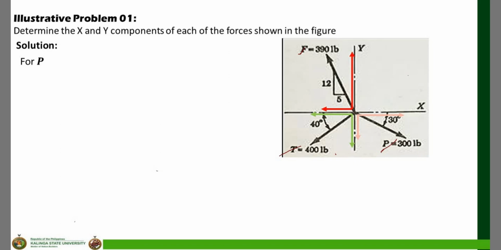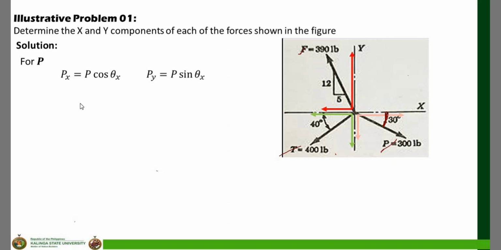Since we are given the angle of inclination, and take note, the angle of inclination is from the x-axis, the equations we will use to get Px and Py use the acute angle, wherein Px is equal to P cosine theta x and Py is equal to P sine theta x.